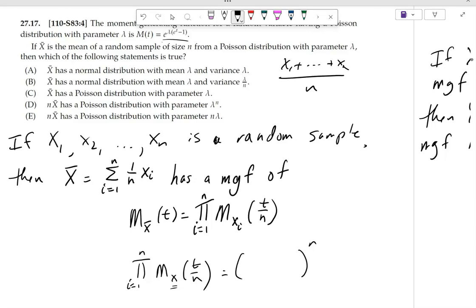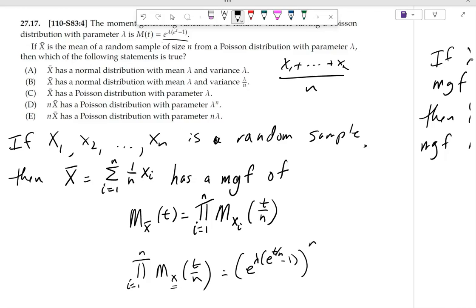What are we going to plug in there? We're going to take e to the lambda times e to the t over n minus 1, right? We agree with that?